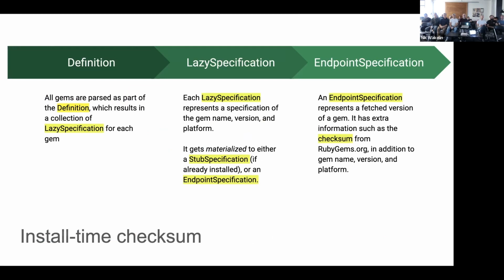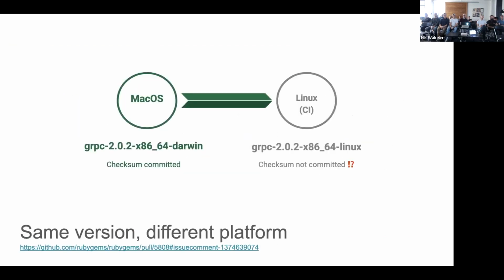So it's going to be really hard to commit the checksum, because what will happen is that I, working on macOS, will install, say, the gRPC gem, it fetches the Darwin version of it, and gets a checksum. I write it into the lock file and then commit it, which is great. But then I'm missing the Linux version of it. So if my colleague gets my branch and runs bundle install, they'll be missing the checksum, and then they have to make another commit, which is just a bad story. It's a very bad experience.